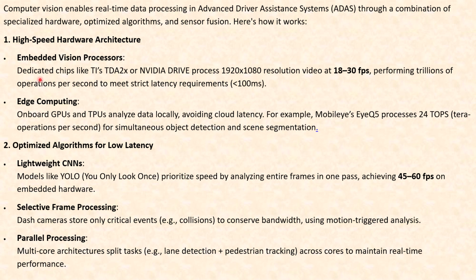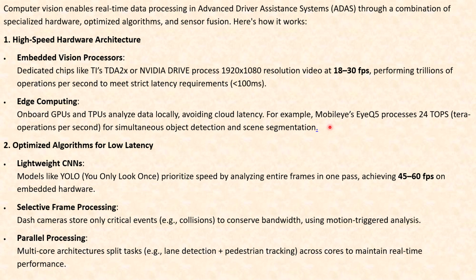Embedded vision processors, dedicated chips like Texas Instruments TDA2x or NVIDIA Drive, process 1920 by 1080 resolution video at 18 to 30 frames per second, performing trillions of operations per second to meet strict latency requirements, which is less than 100 milliseconds.